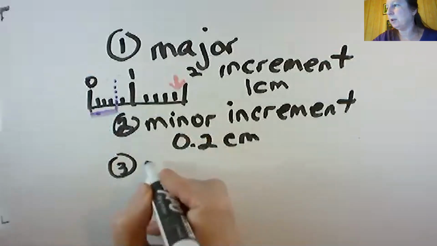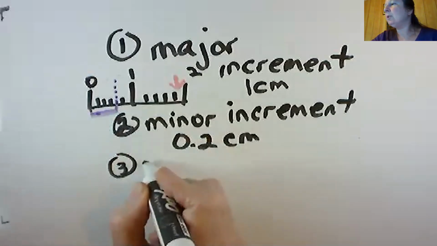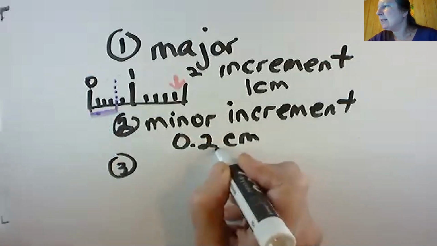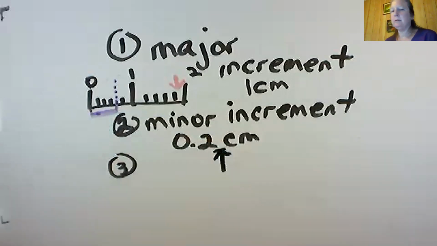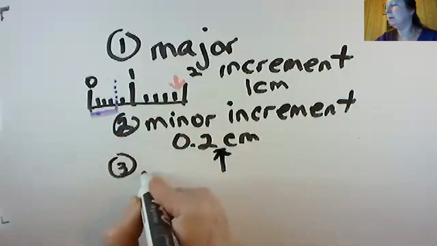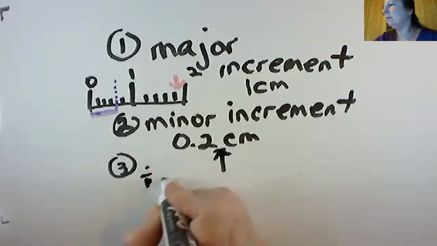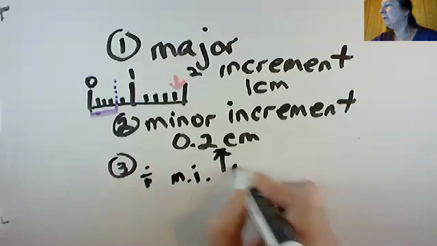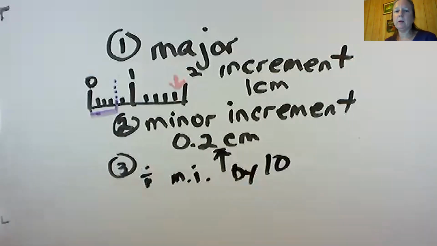And here's the thing. Your uncertainty is this decimal place. Here's how you get it. Divide the minor increment by 10. Okay. That gives you the definition of your uncertainty.